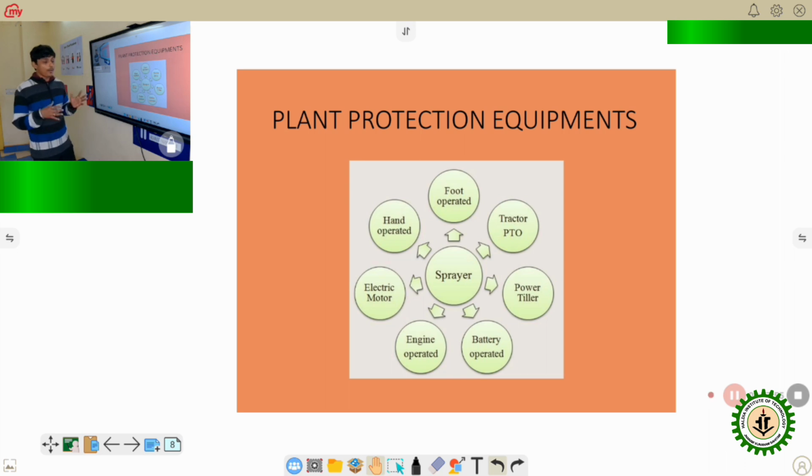Overall, crop protection equipment plays a very important role in controlling these losses of the crop. If we are able to reduce this loss, we can feed more people at the same cost of operations in the agricultural field.